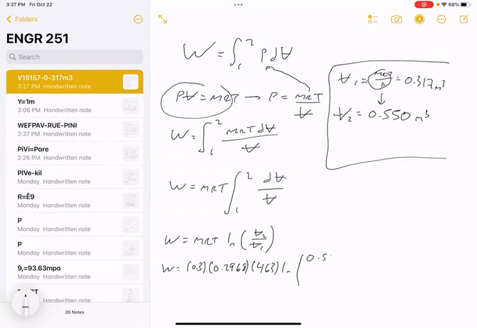So now we can actually do this. It's V2 over V1. If we do this, what will we get? 0.3 times 0.2968 times 463 times ln of 0.55 over 0.317.